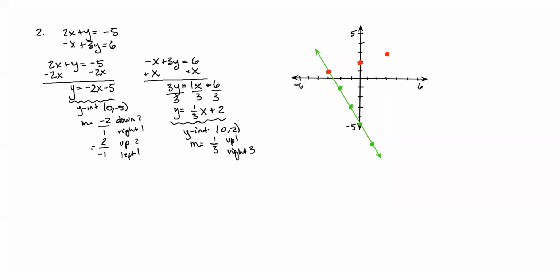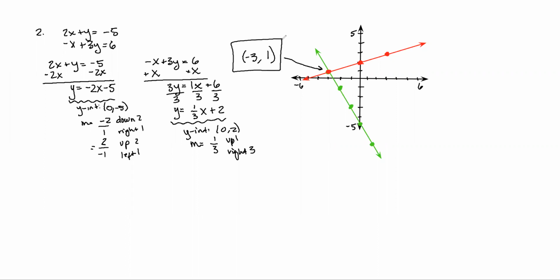If you were doing this on graph paper, it would be a lot easier to see. But we can see that they line up really nicely at that point right there. So that means that our solution is the point, so let's see, 1, 2, 3, so -3, comma 1.